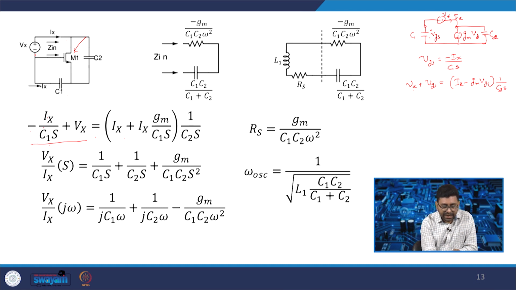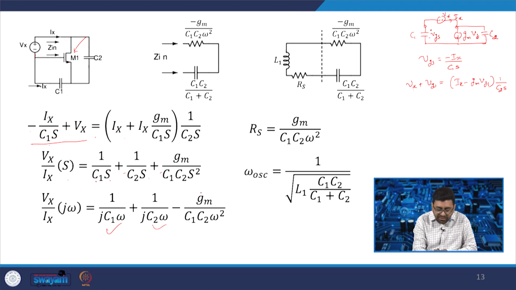And if we take Ix to the right side and Ix in the denominator, then Vx by Ix with respect to S is given by 1 by C1 S plus 1 by C2 S plus Gm by C1 C2 S square. If we replace S equal to j omega, we will get 1 by j C1 omega, 1 by j C2 omega, minus Gm by C1 C2 omega square.